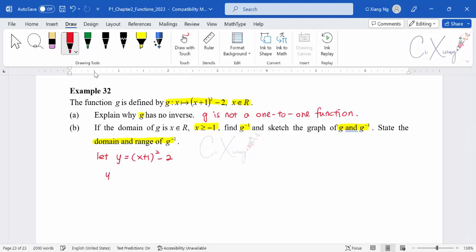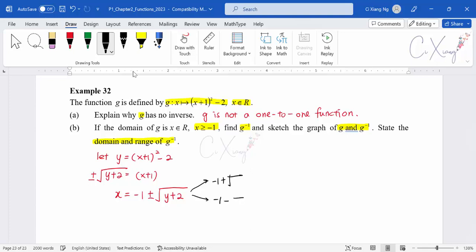Then I try to move everything to the other side. When I want to make the square disappear, I take the square root on the left. So when I take the square root, I will need to include the plus and minus sign. Therefore, my x is -1 plus or minus the square root of y plus 2. Again, I want to decide which is my correct inverse function. I have -1 plus something and also -1 minus something. To decide the correct one, I need to look at the domain of the function g.